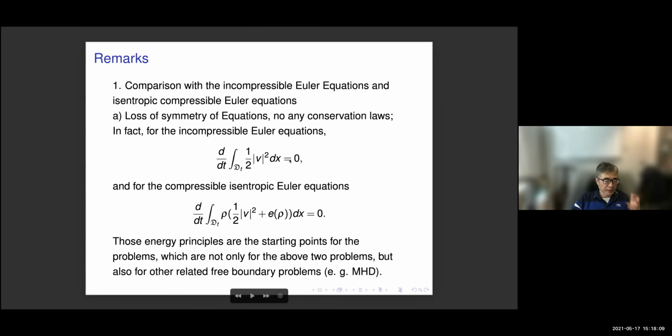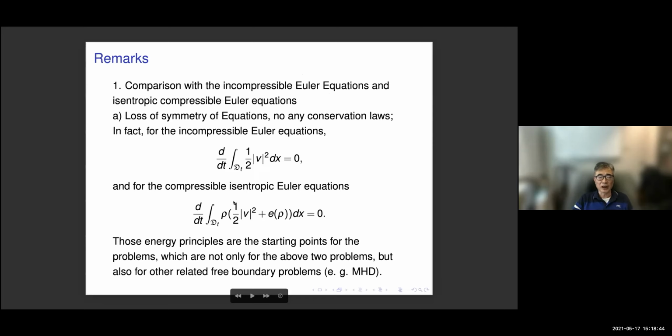So for this free boundary problem, as I mentioned just now, there has been extensive study on the incompressible Euler equations, and so here I want to make a comparison with the problem for the incompressible Euler equation. The first thing is that for the incompressible Euler equation, there is a basic energy principle. That means a conservation of kinetic energy given by this.